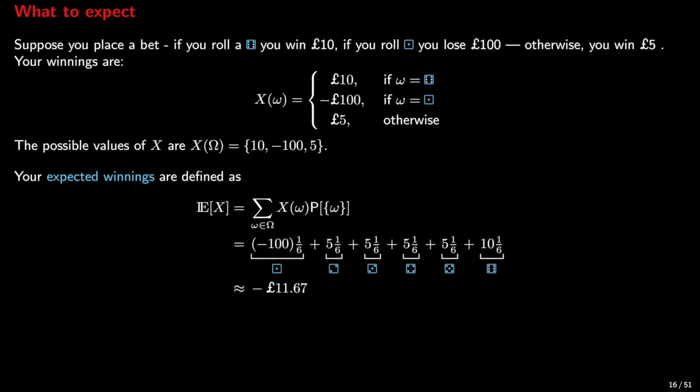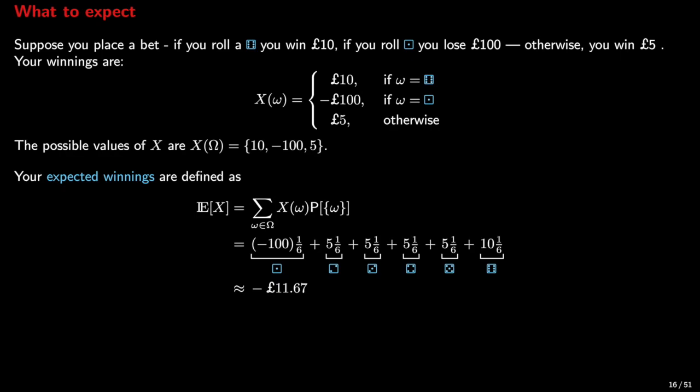Now your expected winnings are defined as follows. The expectation of X, you see that symbol here, E blackboard face, that's how it's called, or the expectation of X, your expected winnings, are given by the sum of X of omega times the probability of that omega. So let's see how we can break this down and understand what it is.